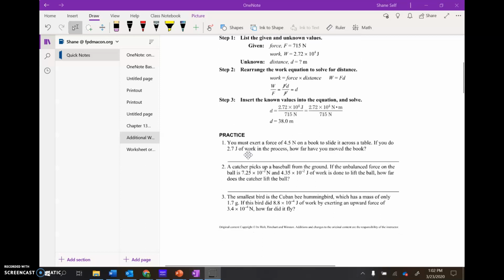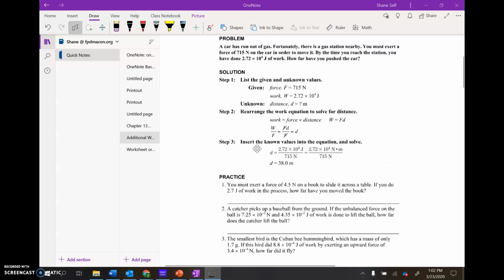So it's going to give you a way to practice all three things, depending on what is given in the problem. So if you're given force and distance and you need work, you know you're going to use this one. If you're given work and force and you need distance, you know that you are going to use this one. So this is what this is all about.